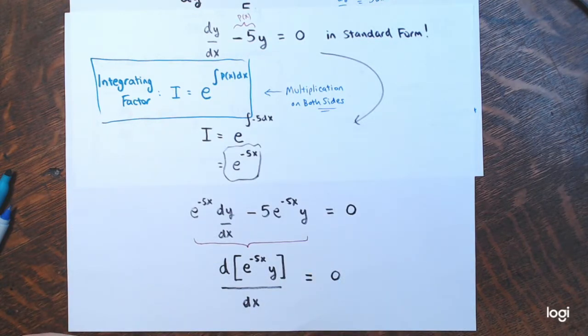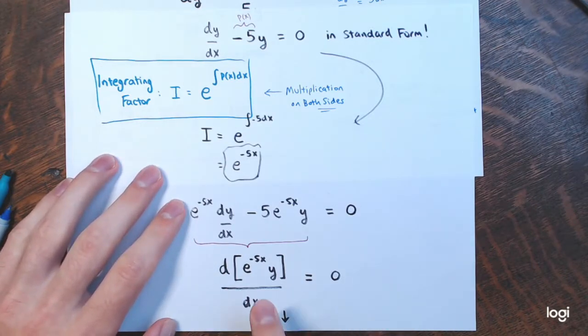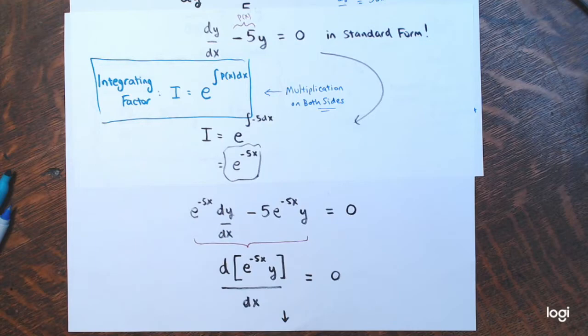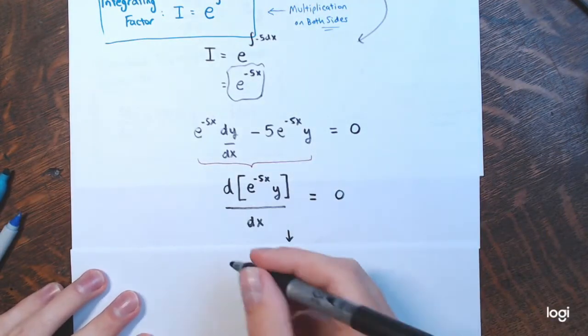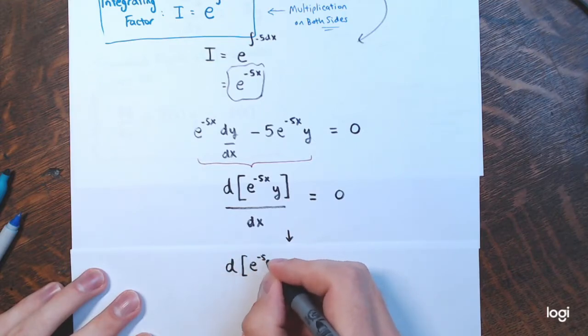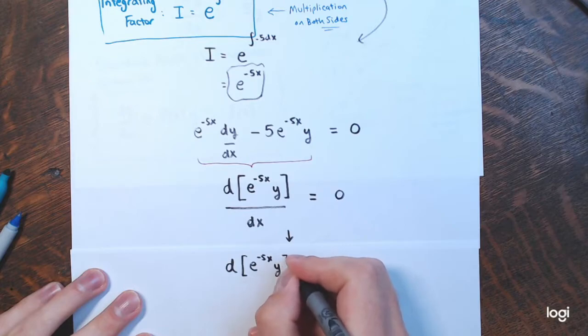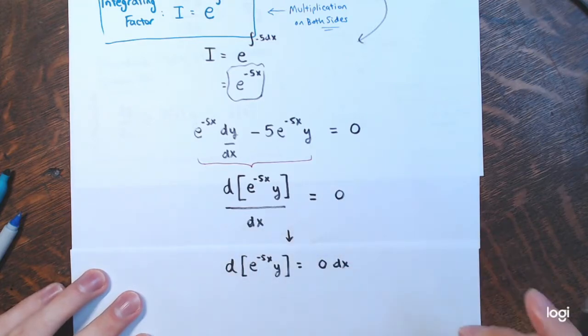So I can separate the differentials. Not really separate the variables, but just separate the differentials. So I have d of e to the negative 5x times y equals 0 dx, putting the dx over here.